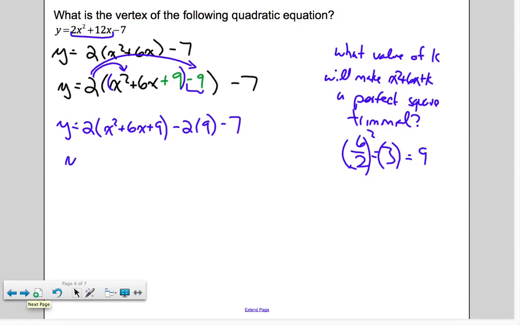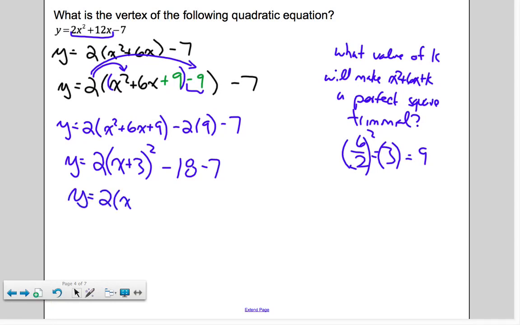So now I'm left with y is equal to 2 times... what's this trinomial going to factor to? x plus 3. Yeah, we know it's a perfect square trinomial, x plus 3 quantity squared. Negative 2 times 9 is negative 18 minus 7, and we simplify that even further and get minus 25.